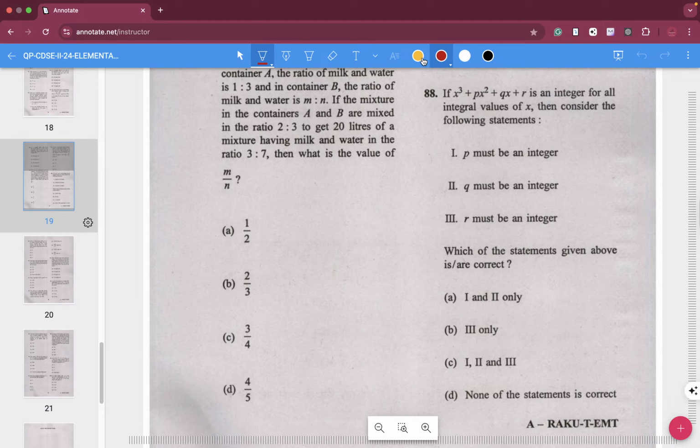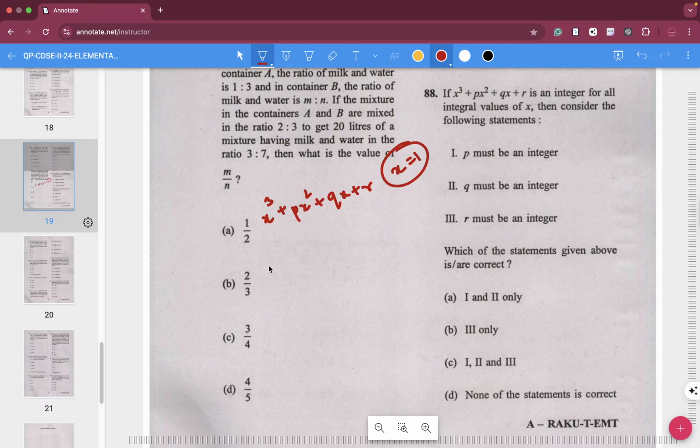Question number 88 says x cube plus p x square plus q x plus r is an integer for all integral values of x. Then consider the following statements. For all integral values of x, can I assume x is equal to 1?